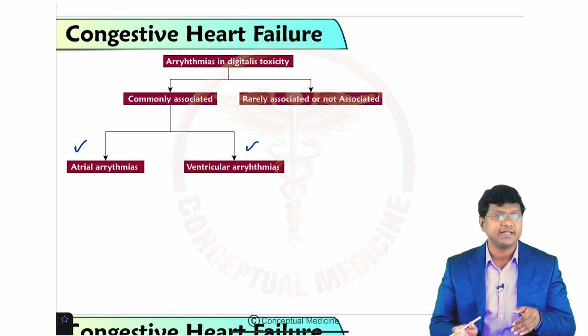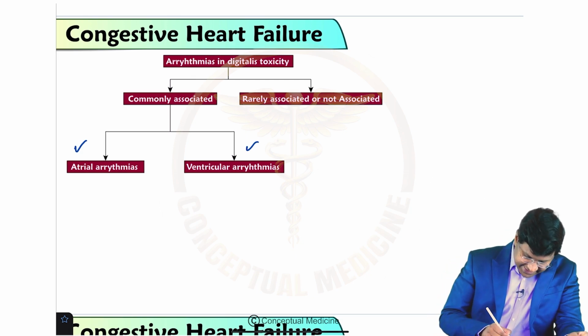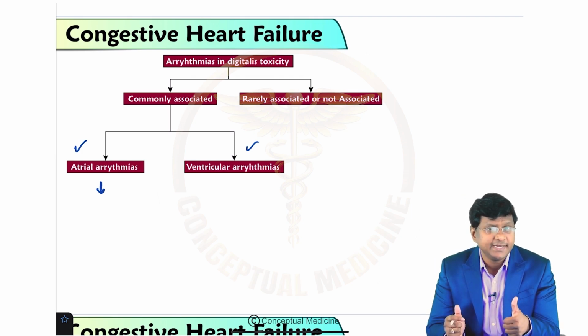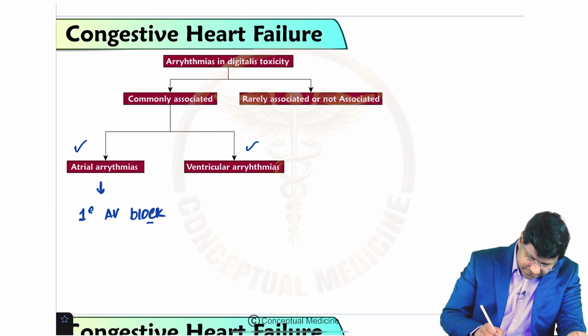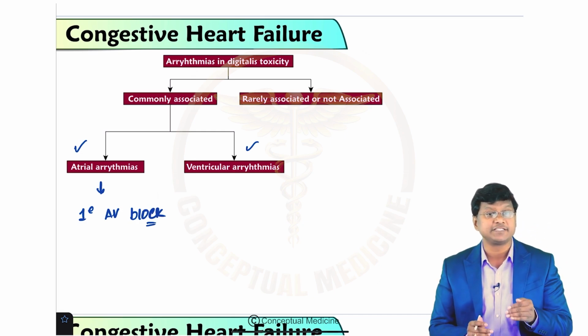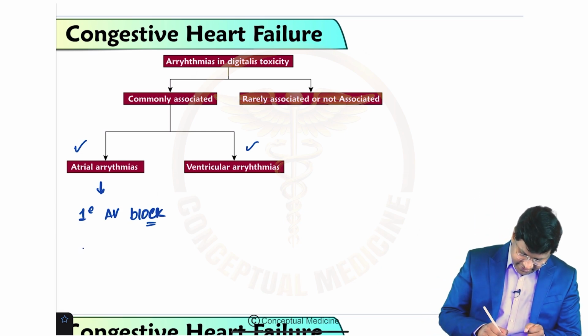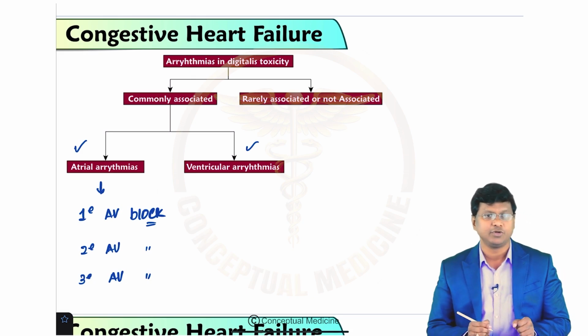The atrial arrhythmias you will have in patients with digoxin toxicity include sinus bradycardia or sinus tachycardia, and they can also develop first degree AV block. Not only first degree, there can even be second degree AV block, and also development of third degree AV block.